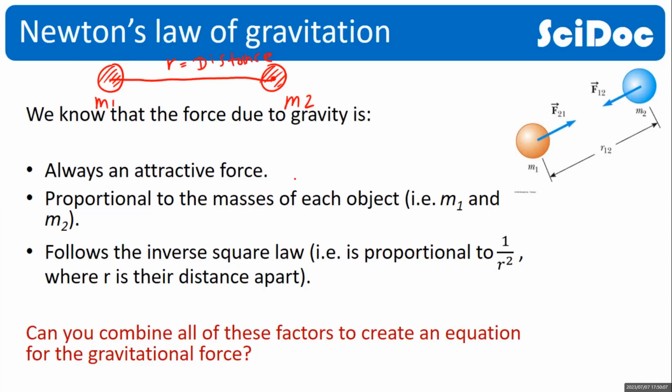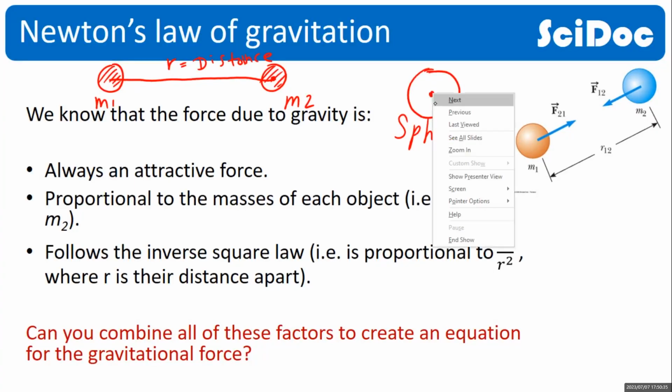Now, let's suppose these two masses are in spheres, and we are assuming that each sphere is a uniform sphere having a uniform mass inside itself. If the sphere has a uniform mass, we can assume that the mass of the sphere lies at the center of the sphere.